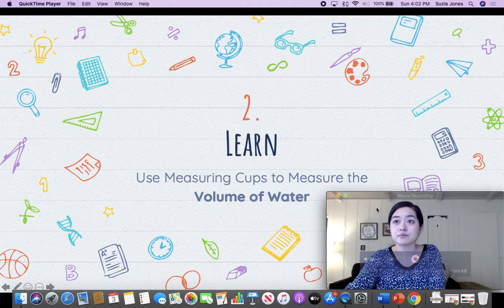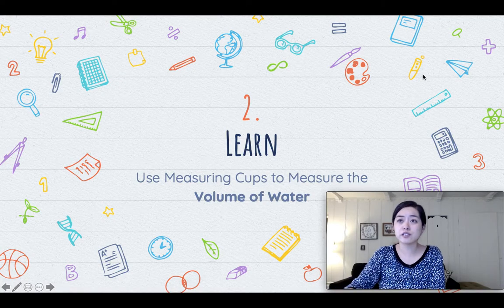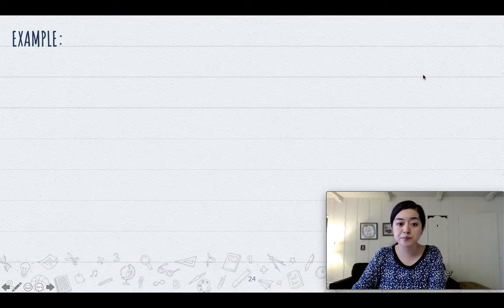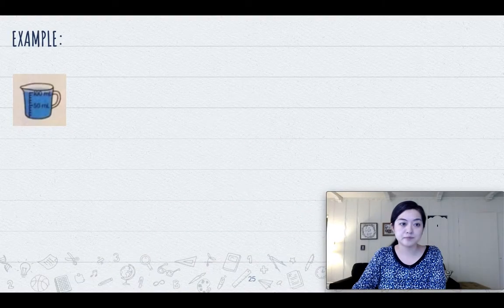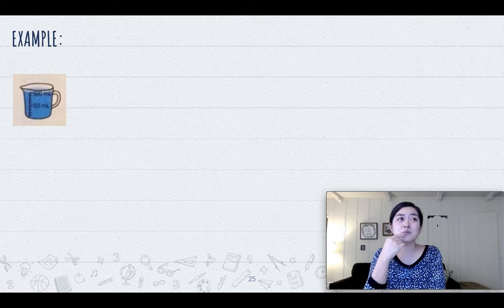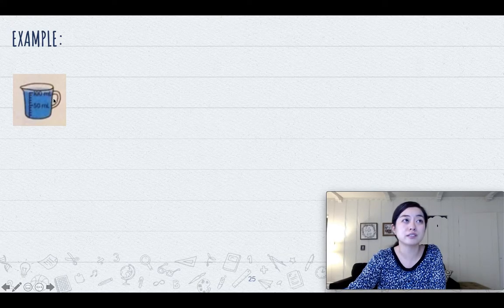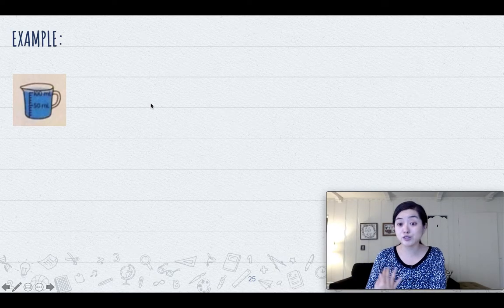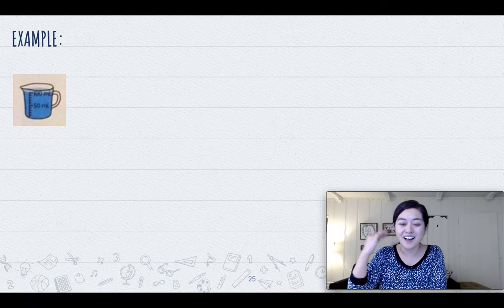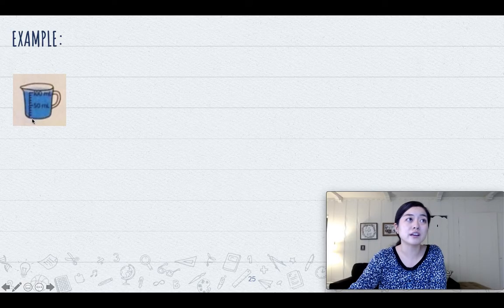So now we're going to use measuring cups to measure the volume of water. So let's take a look here. How much water is inside this measuring cup? Well, I see that it hits this mark here, which is 100 milliliters. But now I have a new question. What does one marking over here represent? There's one marking here, another marking, another marking, another marking, another marking.